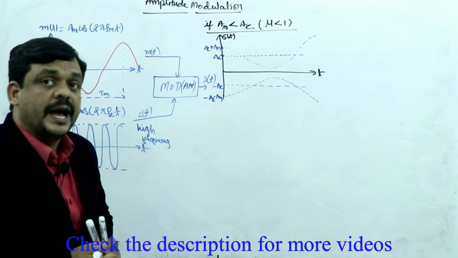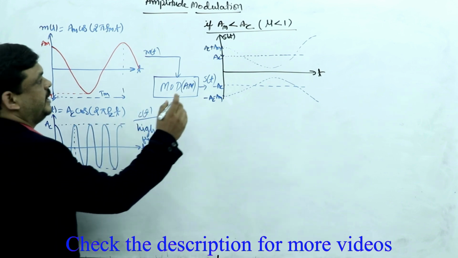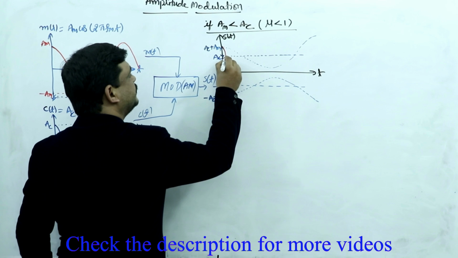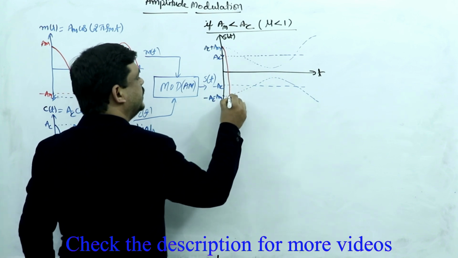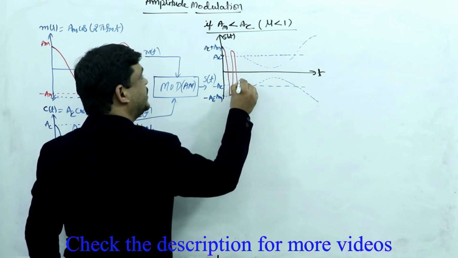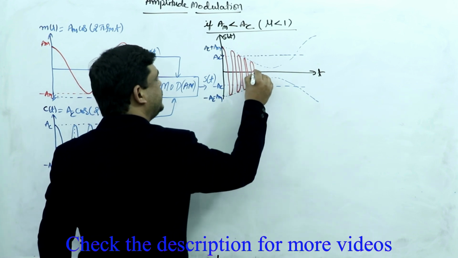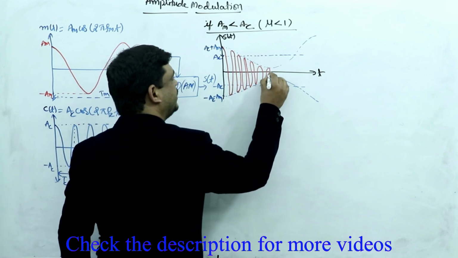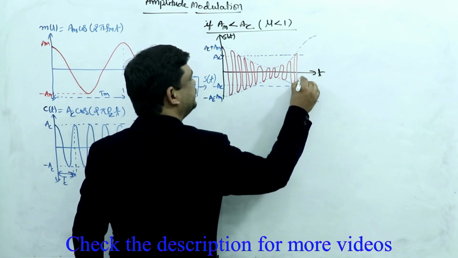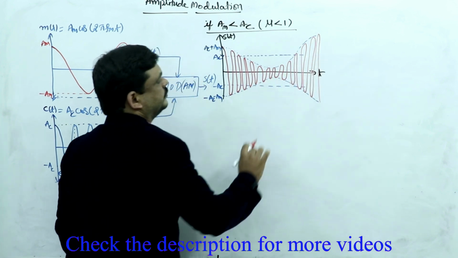Then the amplitude of the carrier signal changes. This amplitude becomes AC plus AM, and here it slightly decreases because the amplitude of the modulating signal decreases. Finally the amplitude becomes minimum here, and again maximum here.